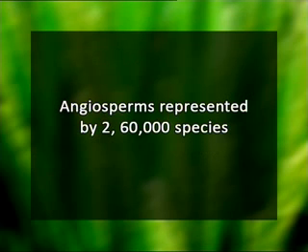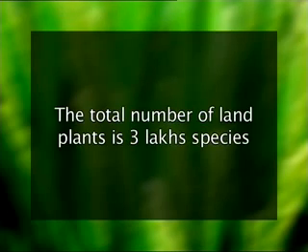At present, the angiosperms are represented by about 260,000 species. The total number of land plants at present is 3 lakh species, out of which angiosperms consist of 260,000 species.